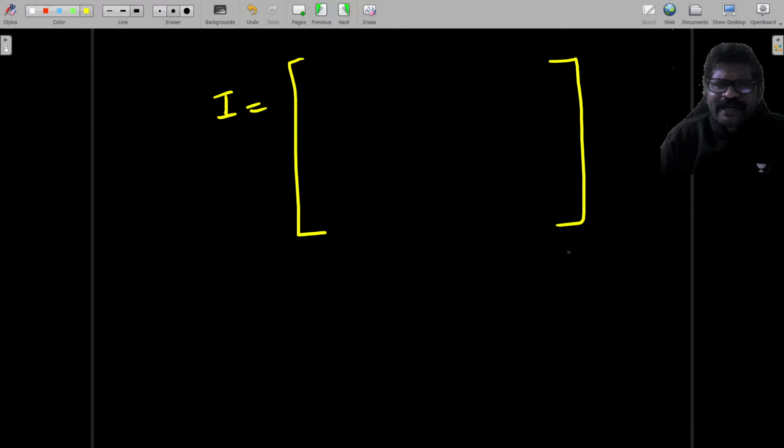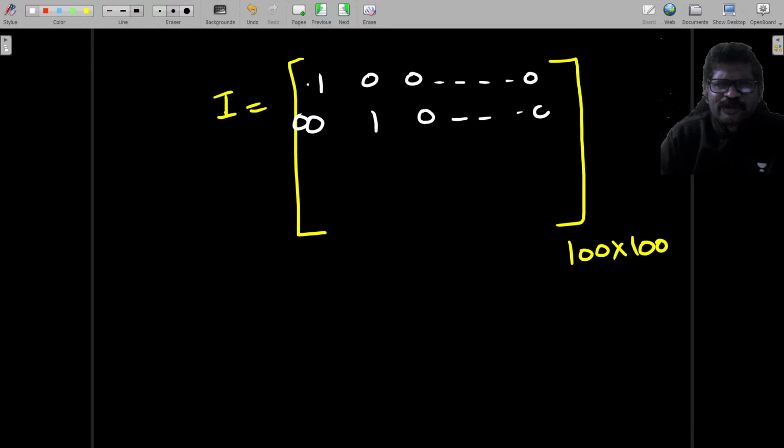I is the 100 cross 100 identity matrix: 1 0 0 0, 0 1 0 0, and so on, up to 1.